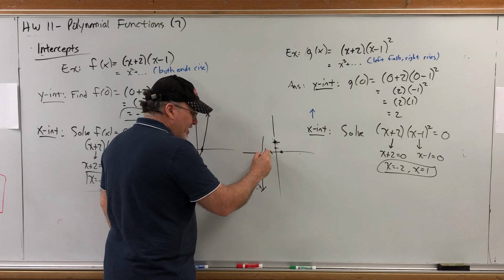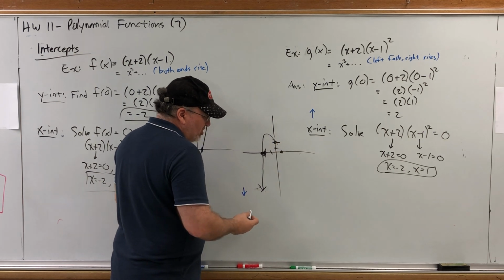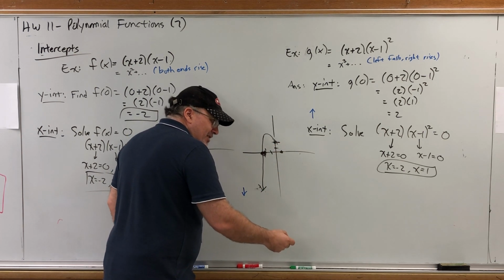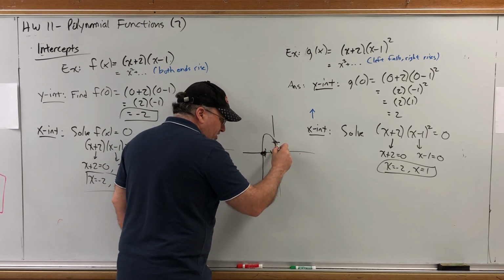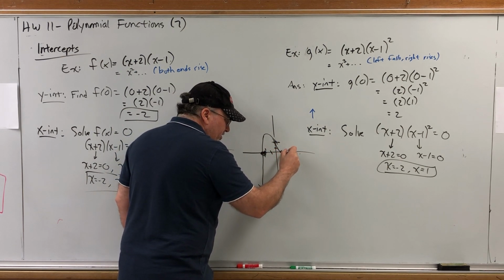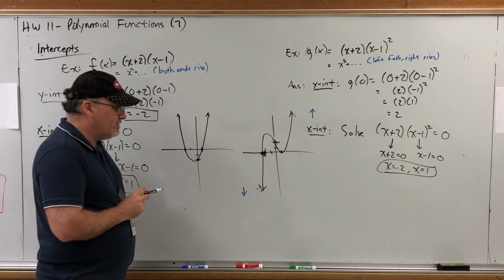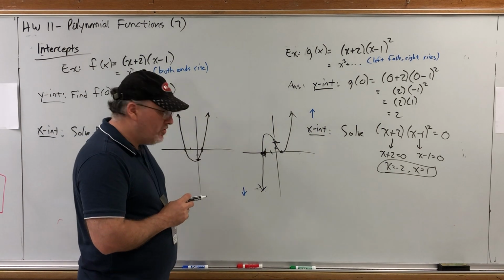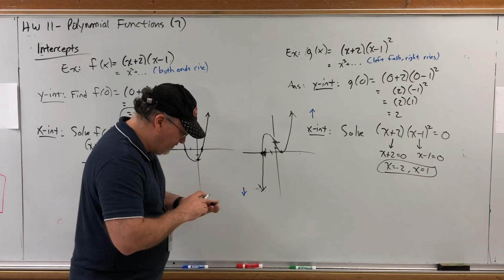It's kind of a sleazy way to hit the dot, but it works. Turn around, cross through the y-intercept, and I just learned that if I cross the x-axis again, I won't be able to come back up. So instead of crossing it, let's just touch it, turn around, and keep going. And that graph satisfies all the criteria: the correct end behavior, the correct y-intercepts, and the correct x-intercepts.